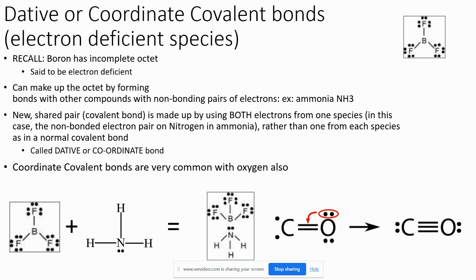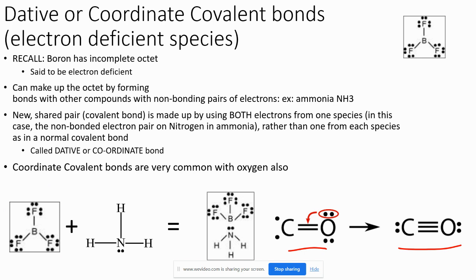Coordinate covalent bonds, then, is where one atom is bringing all the electrons to the party, sharing everything. So that's how we can get this whole thing to look like this. If we bring that in, it's going to look like this, and everything will be satisfied.